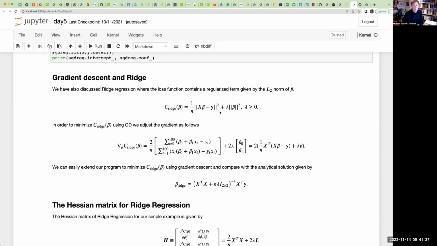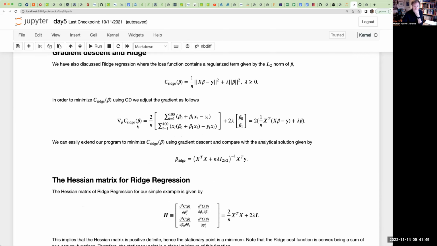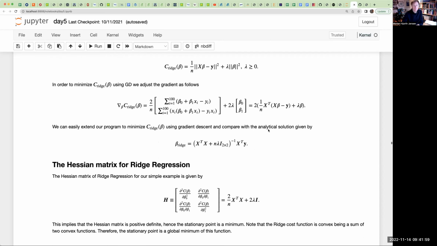And then when you do that, you need to take the derivative with respect to beta here as well. So your gradient now contains a parameter of 2 lambda times beta 0 and beta 1 for this simple case. And this is going to be your gradient, where you now have to include this parameter beta, multiply with lambda.